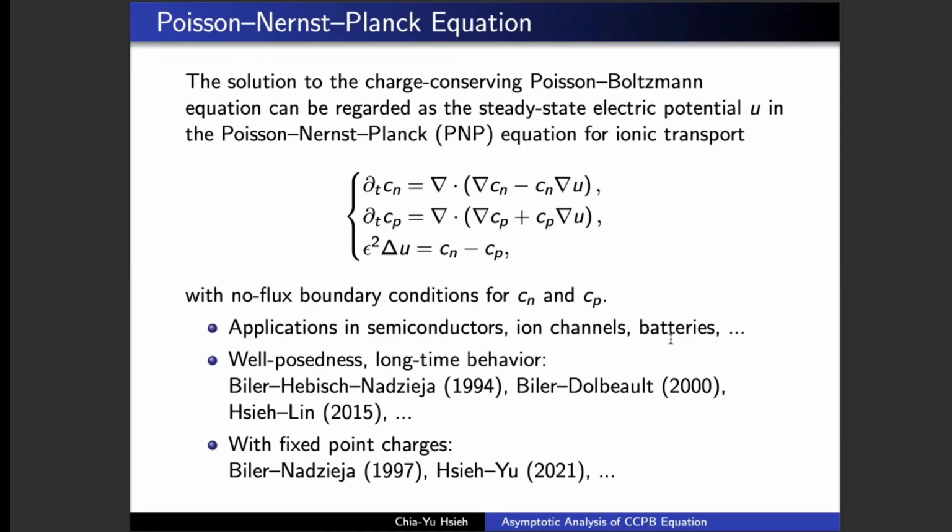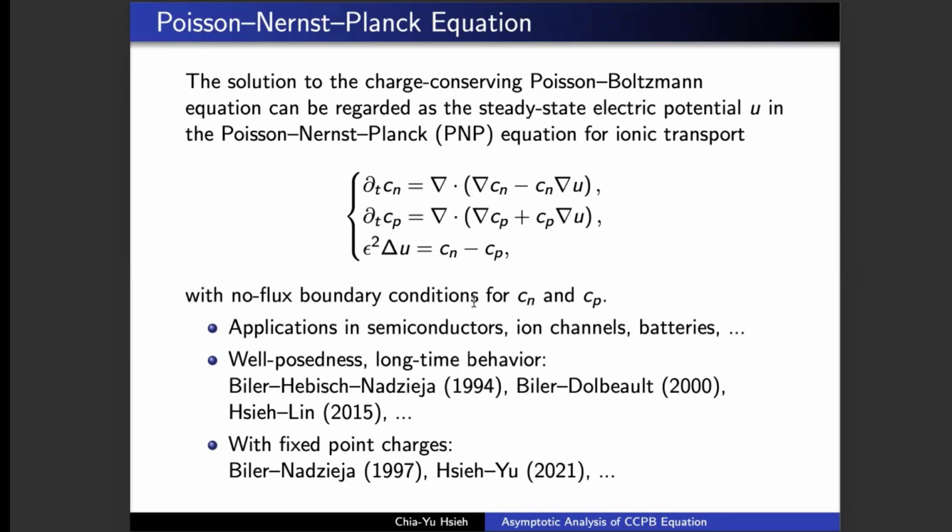This equation consists of the Nernst-Planck equation of the ion concentrations, and for the electric potential, we have the Poisson equation between the electric potential and the charge density.